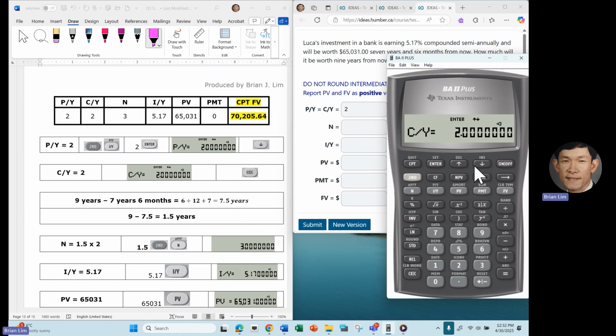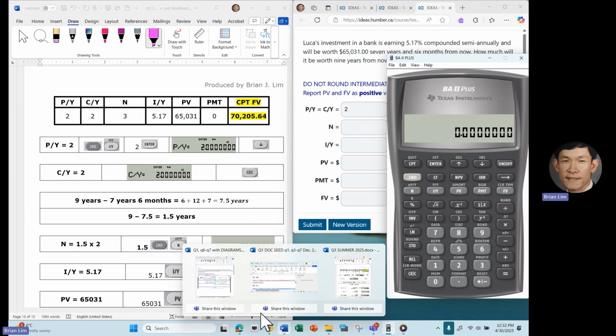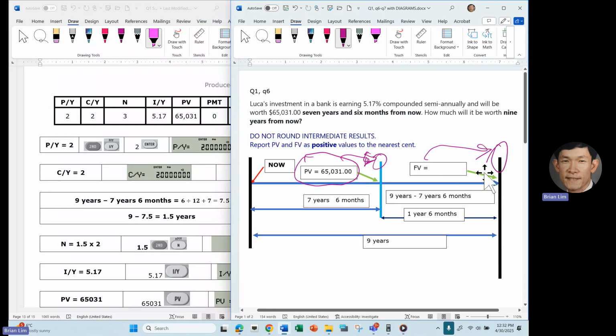And we go down and there is the display, and we clear to get out of the PY and CY. So we clear once more. Now, to get at N, we have to do the subtraction. Remember, in case you forgot, you have it right here.